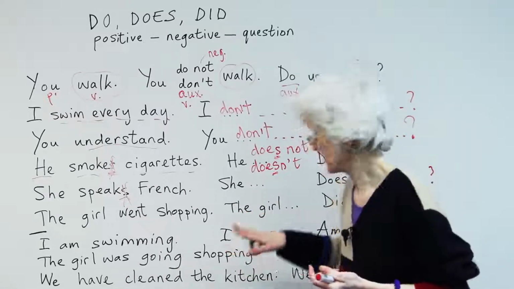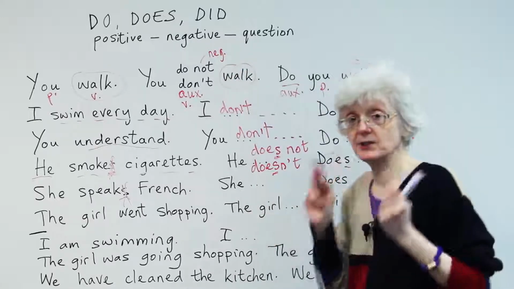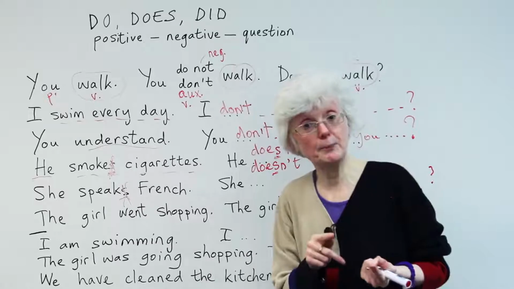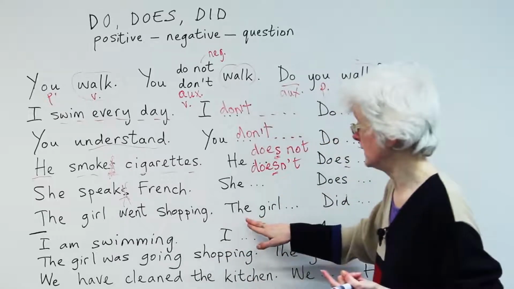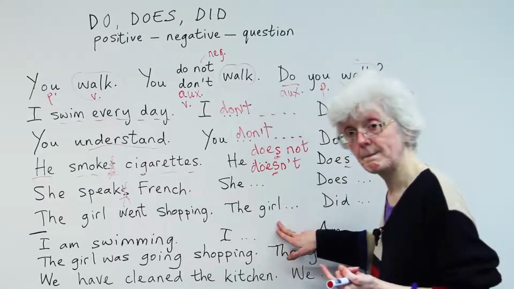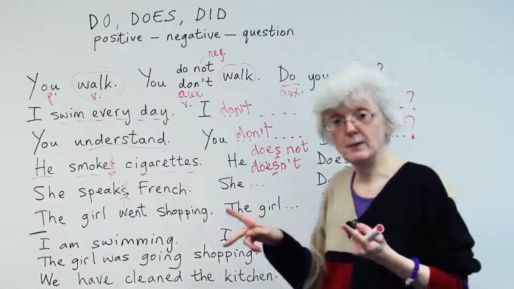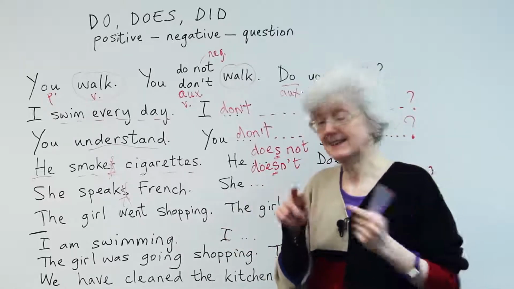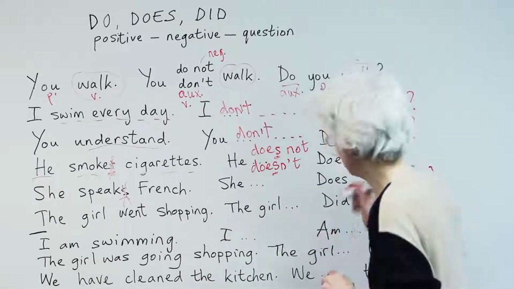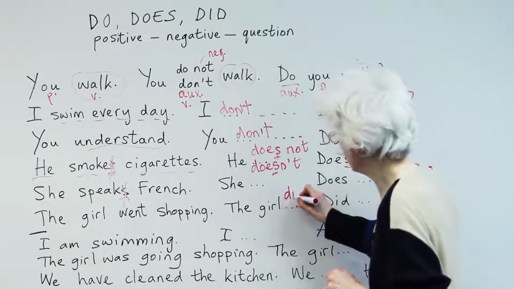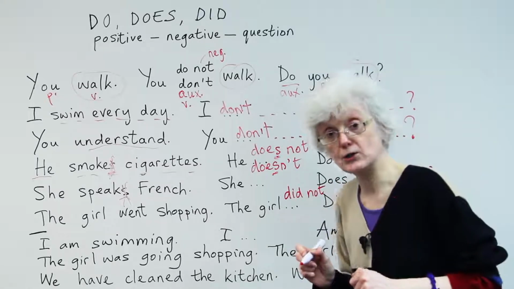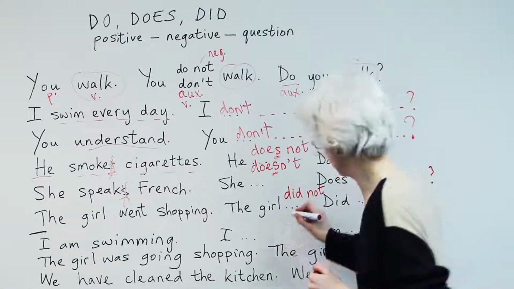So what happens next? With the negative, we still need to use the do verb, but it's now going to be in the past tense. So the girl, what do you think it might be? What's the past tense of do? Okay, I'm going to write it. The girl did not, or didn't.